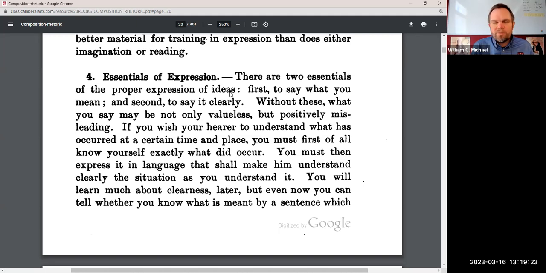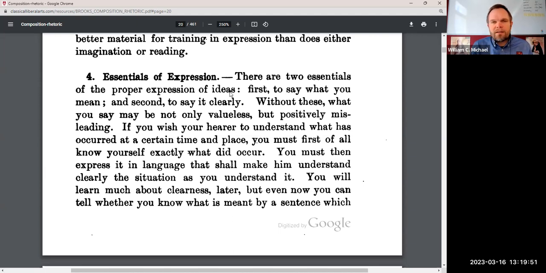And that's your own fault because you're choosing to do things that no one needs, that are already taken care of. So have something valuable, have something interesting, have something helpful to say. If you have a desire to say something, do the research, gain the experience, do the study so that you can say what you mean to say. That's the first essential of expression, okay?